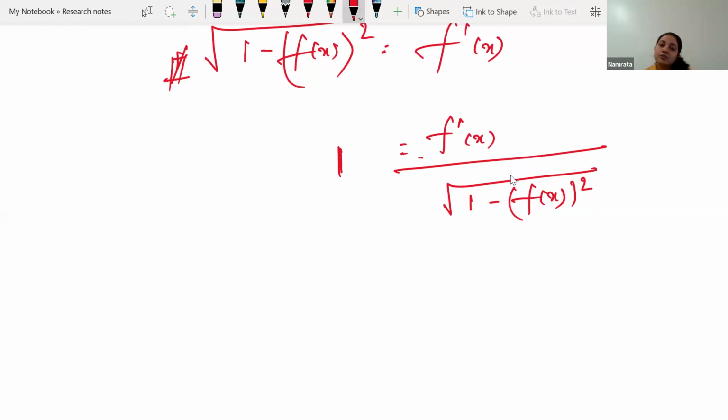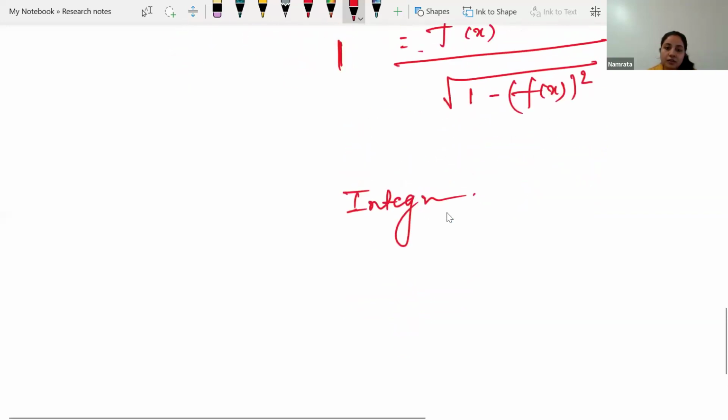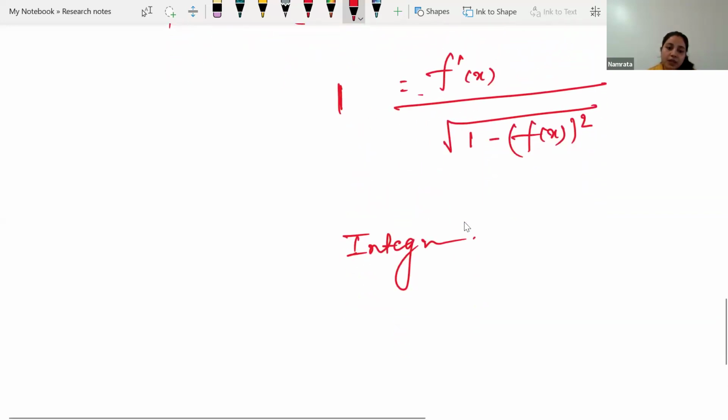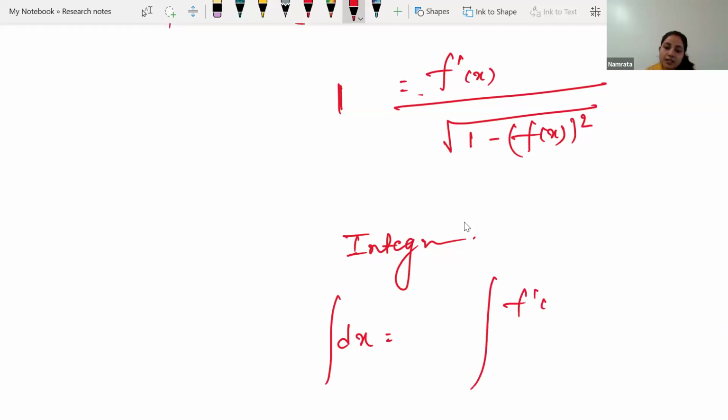Okay, so let's do the integration on both sides. Integrating both sides, we will be having dx here, and here we'll be having f dash x dx under root 1 minus f of x square.